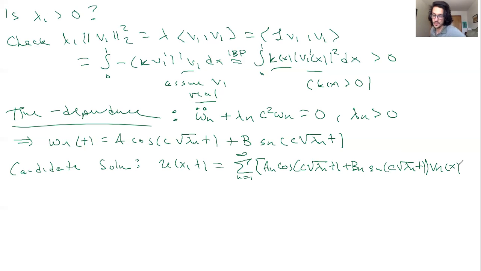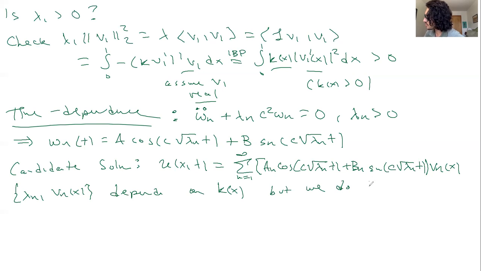We don't have explicit formulas for those, but we know that they exist, okay? Lambda n and vn of x, these are the eigenpairs. They're going to depend on k of x, okay? But we do know they exist, so that's great, okay?